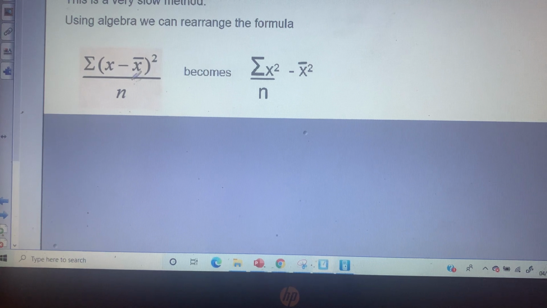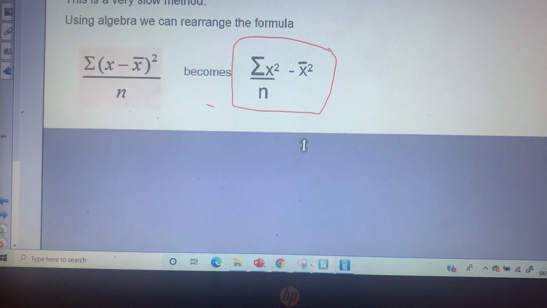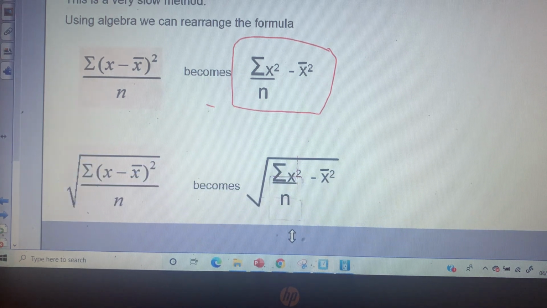Using knowledge of sigma, so people that do further maths at the beginning of your year 13 course, your A2 further maths course, you'll do work with sigma and you'll be able to rearrange this formula as this formula. This tends to be the formula that we use, okay, to find the variance and then subsequently square root it and get the standard deviation.